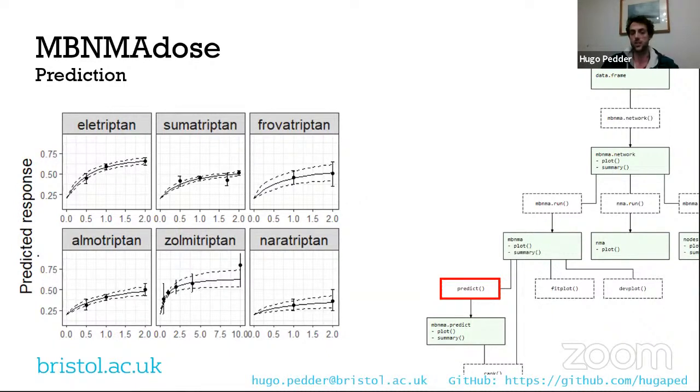We can use these predictions as a method for validating the robustness of our dose response assumption. We can also see that there's a little bit more precision. We have tighter credible intervals from our dose response model, and that's because we're using additional information. We're gleaning a little bit more from the dose response function.